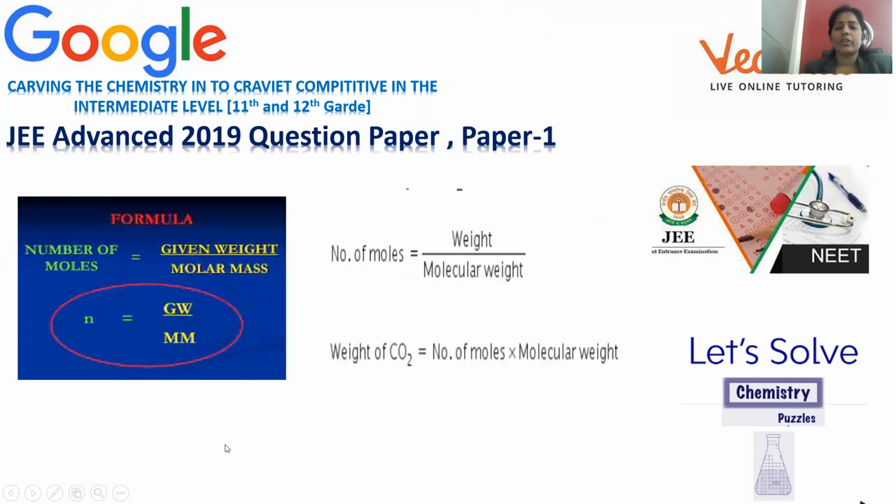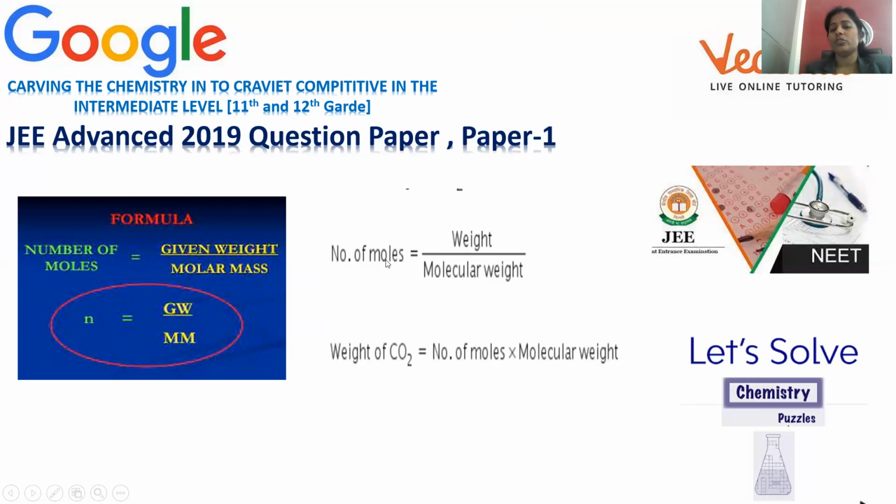Right? In order to solve this question, two formulas are most important. One is the mole formula, calculation of moles, and the second is how to calculate weight if you know the moles. So these two are the fundamental formulas to solve this question. Number of moles is calculated as weight by gram molecular weight. Then if you want to calculate the weight, number of moles into molecular weight. So both are the same only.